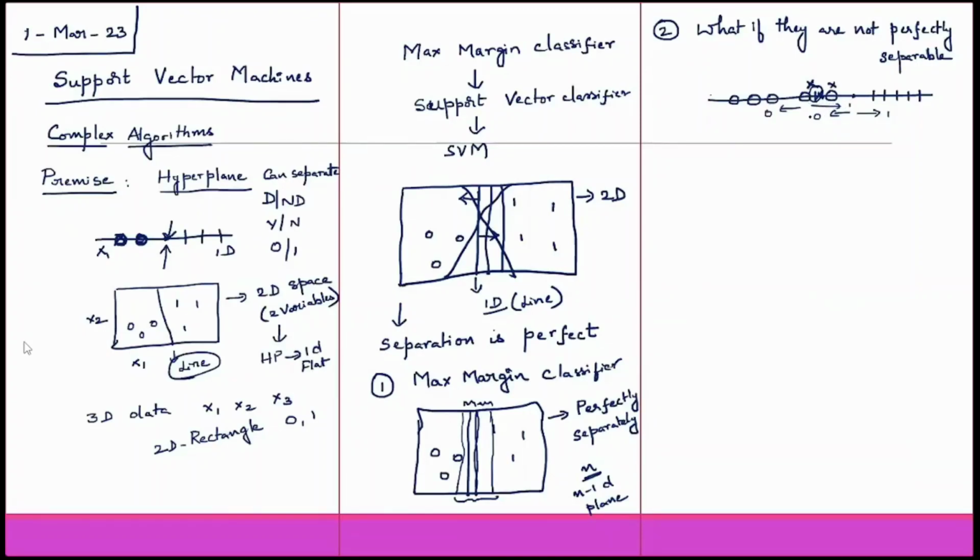So obviously I cannot do a perfect classification in this case.